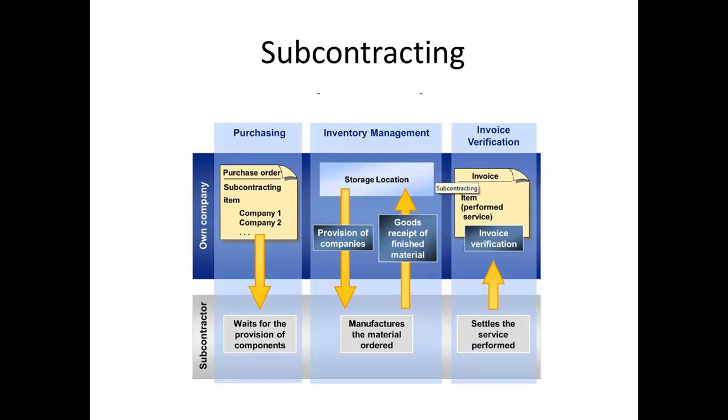So in this process, the company that wants to outsource the production of the subcomponents creates a subcontracting purchase order, and that subcontracting purchase order is given to the subcontractor along with the raw materials which are required to produce the requested material.